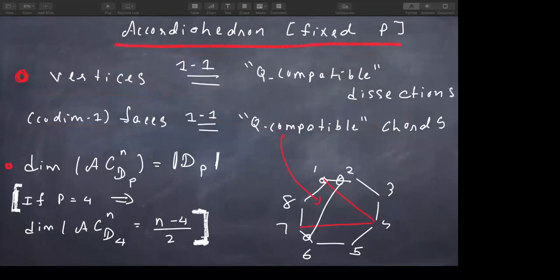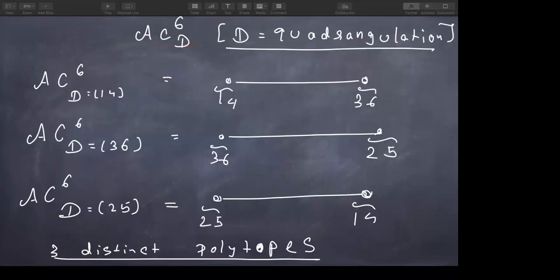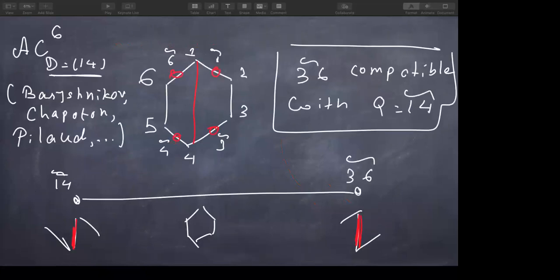So for Accordiohedra, if I look at quadrilaterals, so I break the n-gon into quadrilaterals, then the polytope we get is one where each vertex is in one-to-one correspondence with, if I call the reference dissection Q, not all dissections, but Q-compatible dissections. By Q-compatible, I just mean, here the dissection compatible with 1, 4 is 3, 6.